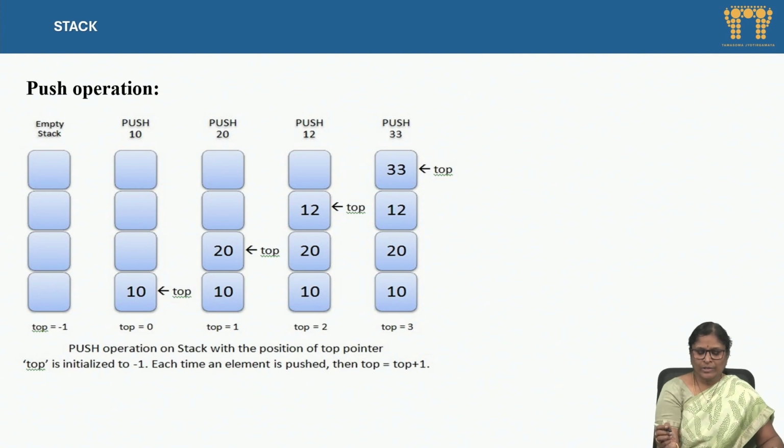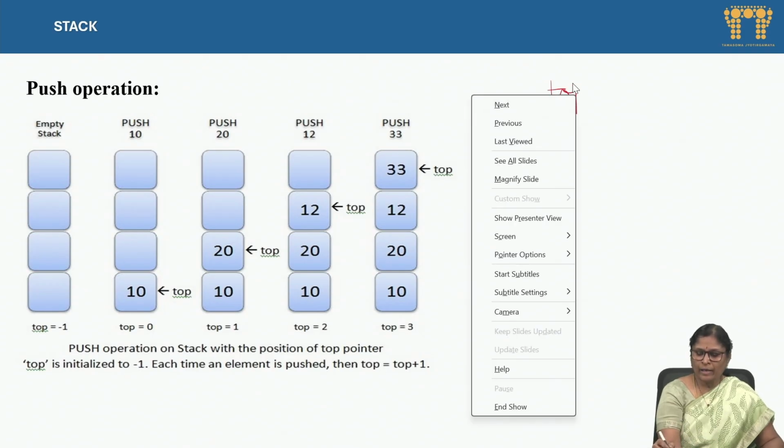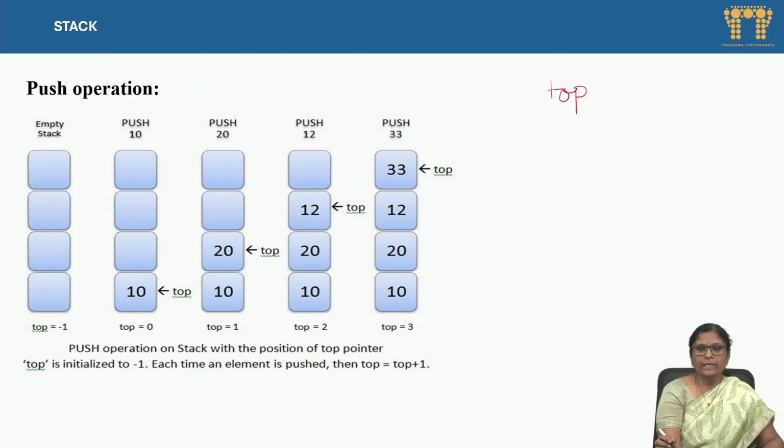So now, this is an example where a push operation is performed on a stack. We are going to consider this an array. I told you what a stack is: a linear data structure which has only one end called the top, and always initialize the top to -1.